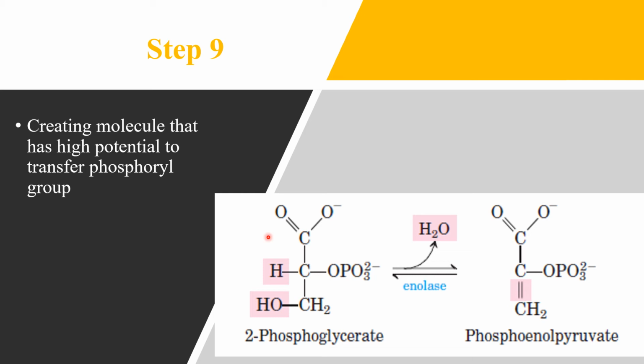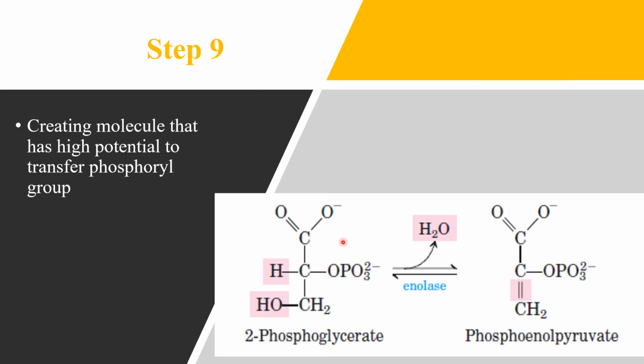So we take 2-phosphoglycerate and we use enolase to transform it into phosphoenolpyruvate or PEP. We essentially form a double bond between these, and H and OH combine into a water molecule that's being kicked off. And so this is a dehydration reaction.